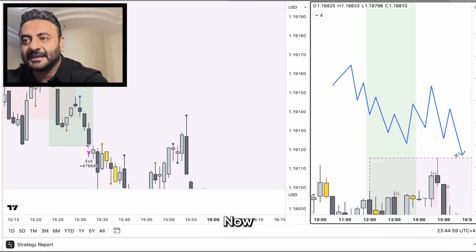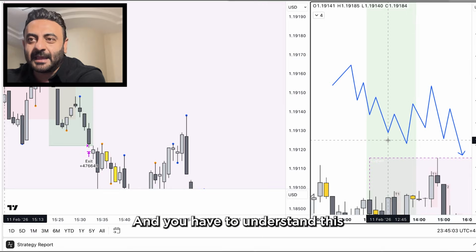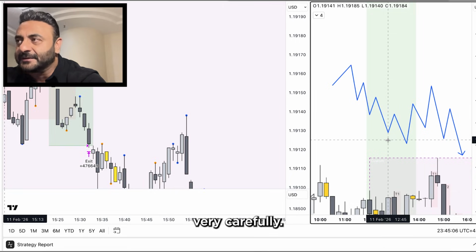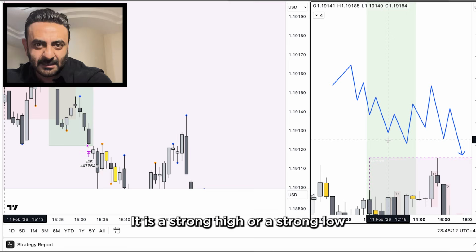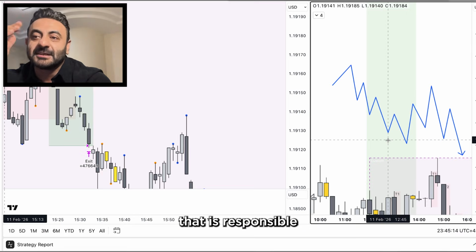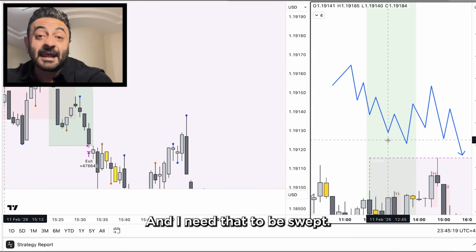Now, which points are liquidity points here? You have to understand this very carefully, and I'll repeat it multiple times. Liquidity is a point. It is a strong high or a strong low that is responsible for breaking a structural point, and I need that to be swept.